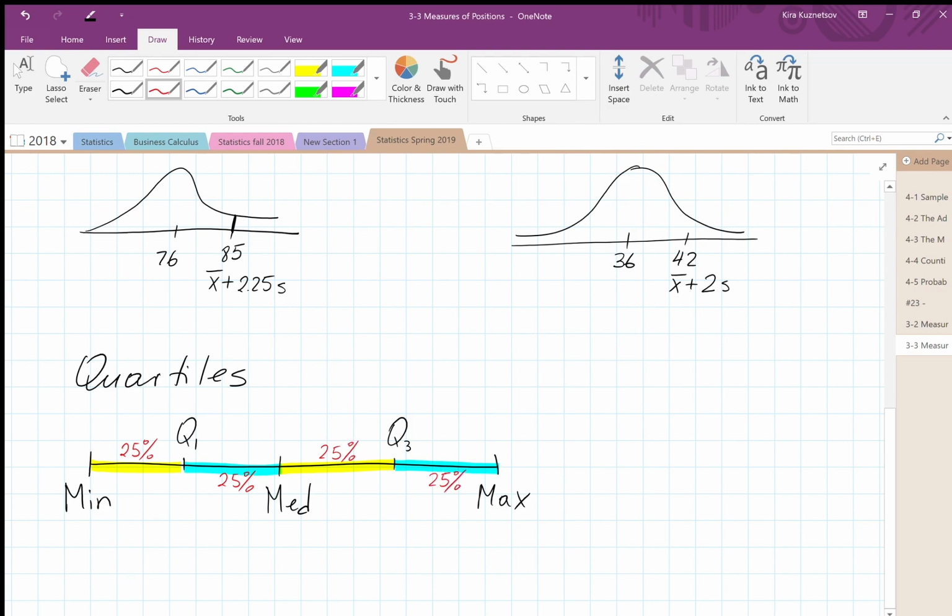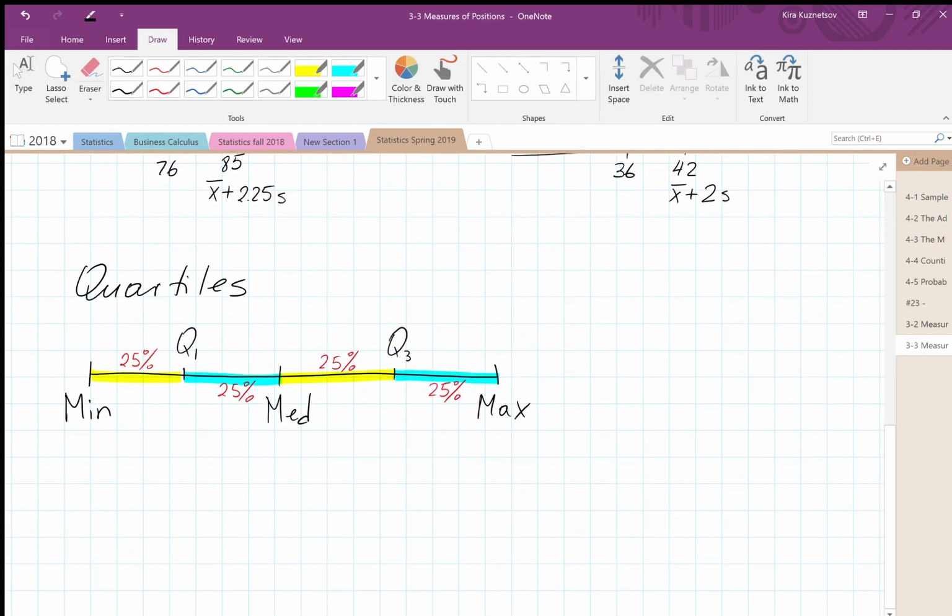So sometimes this is very useful in assigning grades because I want to identify my bottom 25%, my top 25%, and everybody in the middle. The good part is your calculator and Excel have capabilities of doing that, and I will show you this in the next video.